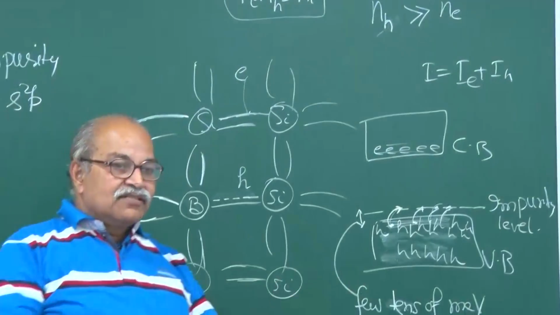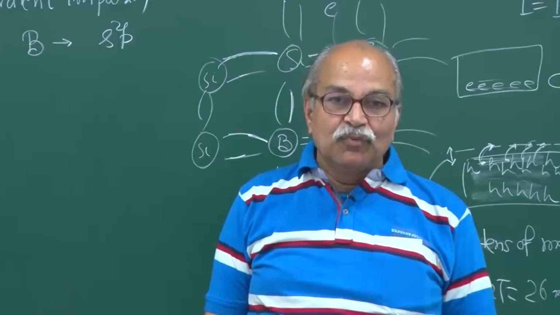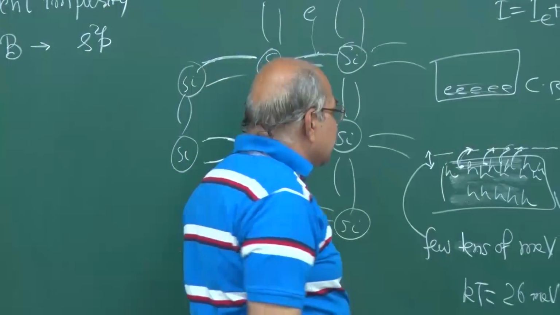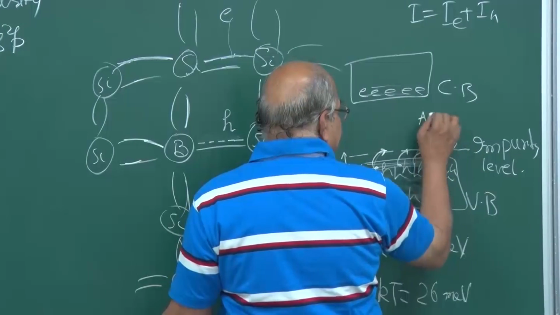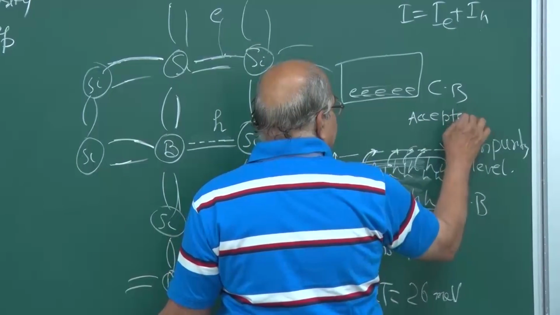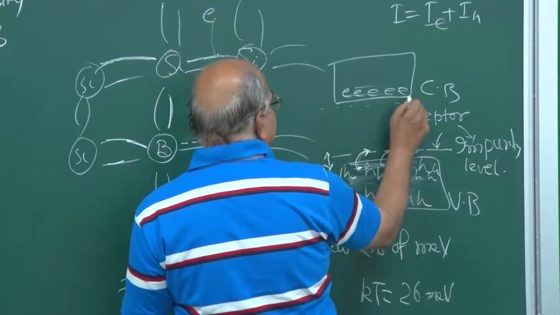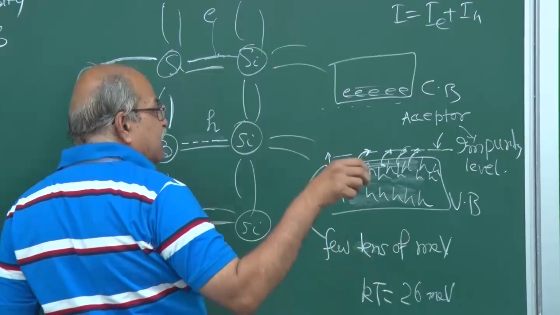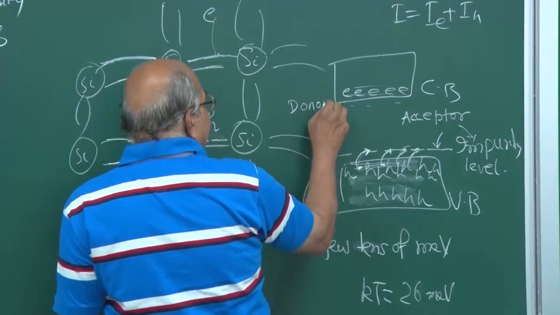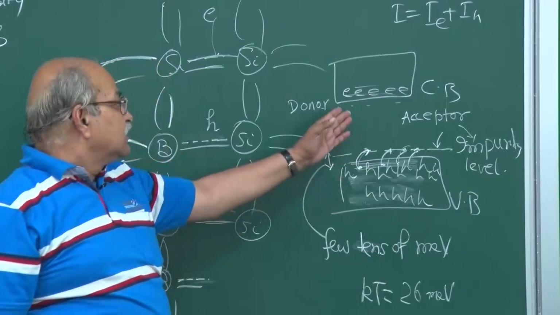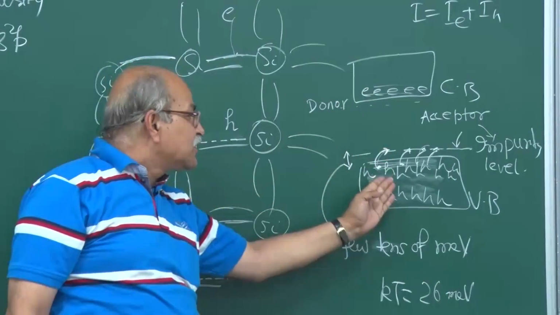So both kinds of doping, p-type doping and n-type doping, create impurity levels. By the way, there's another name for this. This is known as acceptor energy levels, and the energy levels which were created here when we did n-type doping, they are known as donor impurity levels because they donate electrons, and these accept electrons from here.